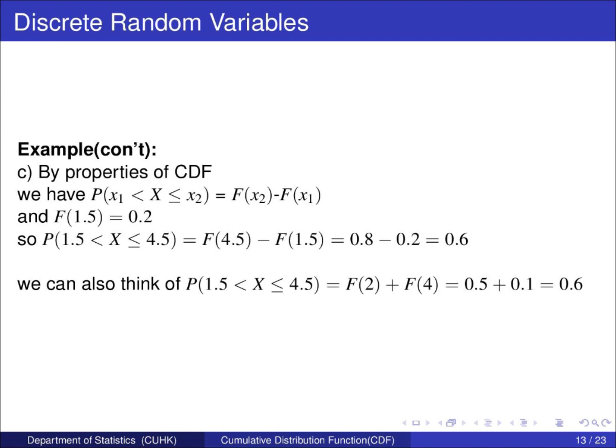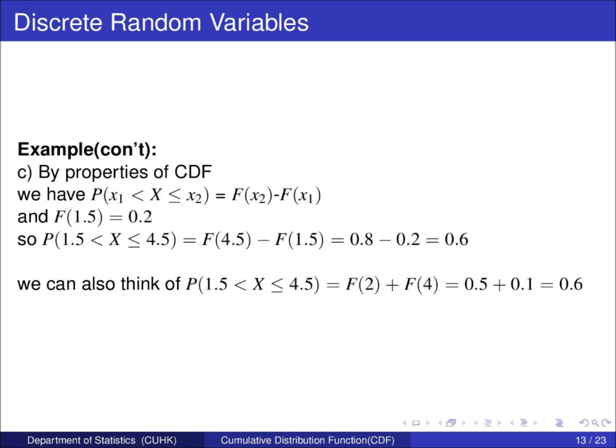We are given that F(1.5) is equal to 0.2. So the probability of x larger than 1.5 but smaller than or equal to 4.5 is equal to F(4.5) minus F(1.5), which is 0.8 minus 0.2, equal to 0.6.